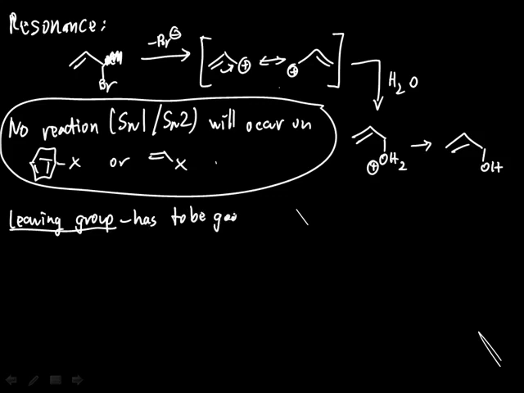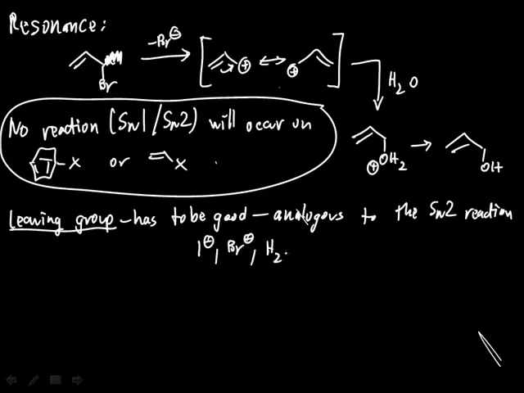And this is the same, or analogous to the Sn2 reaction, because both reactions in the rate determining step require the leaving group to leave. And so good leaving groups are I, Br minus, water, alcohols, sulfonates, etc.